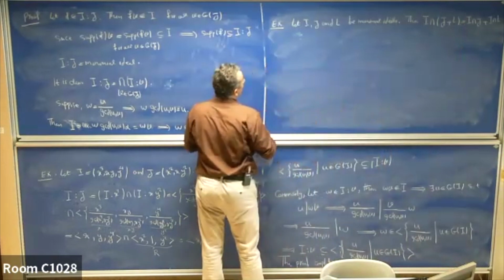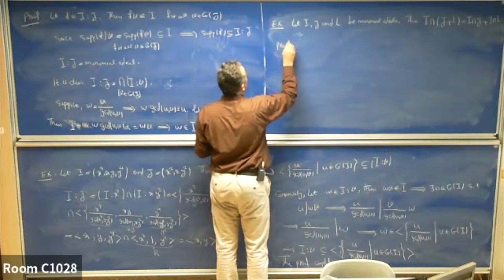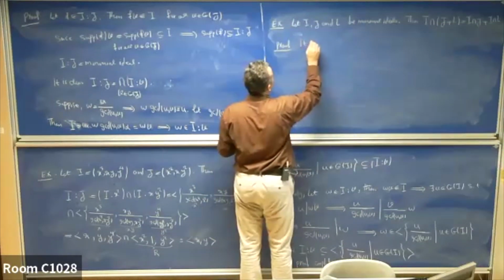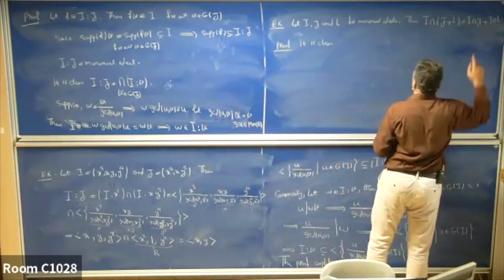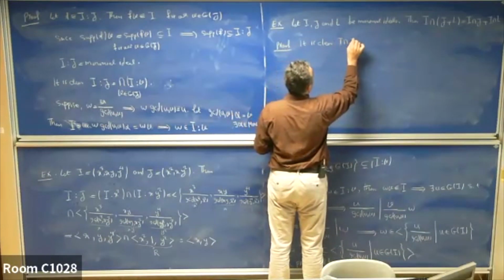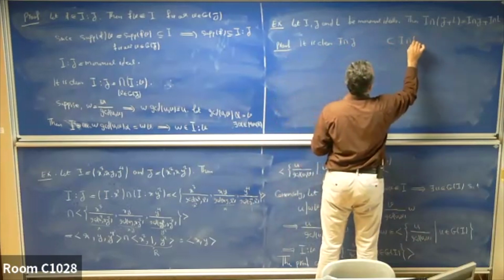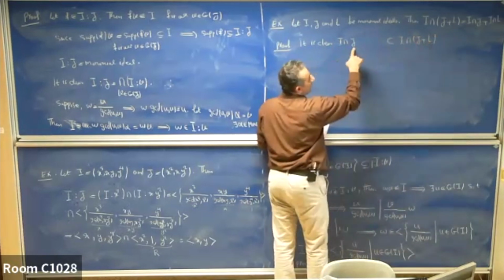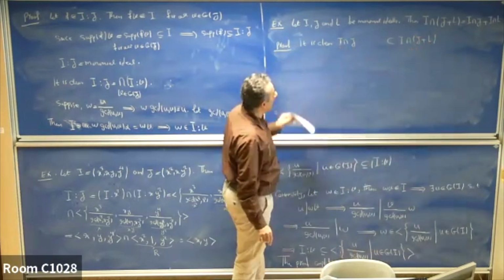So for the proof, it is clear that the right-hand side: I ∩ J is contained in I ∩ (J + L), because J + L is bigger than J, and so the intersection on the left-hand side is bigger.